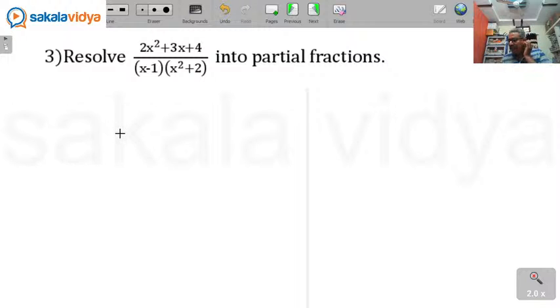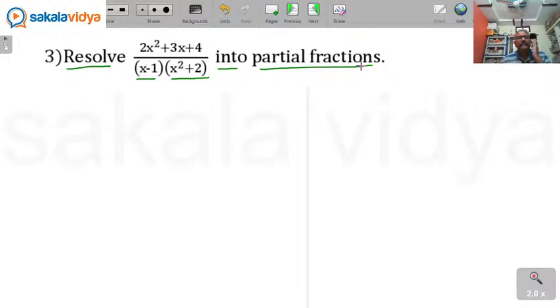Right. Third question. Let us move to the third question now. So now resolve 2x square plus 3x plus 4 upon x minus 1 into x square plus 2 into partial fractions. This is the question. So how could we do it?